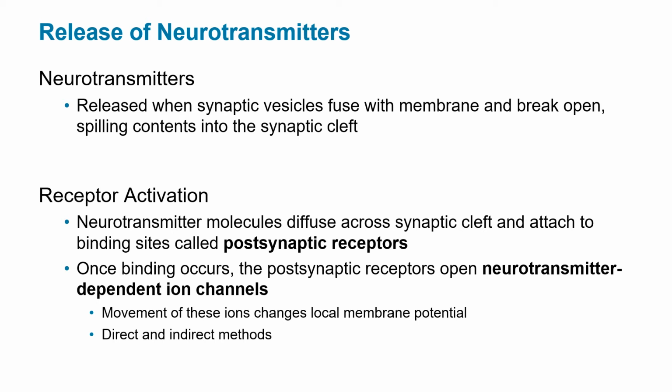So there's a lot going on here, a lot even beyond what we're talking about. So the movement of these ions changes the local membrane potential, possibly causing the neuron to fire, and there are direct and indirect methods. Let's get to the direct first.